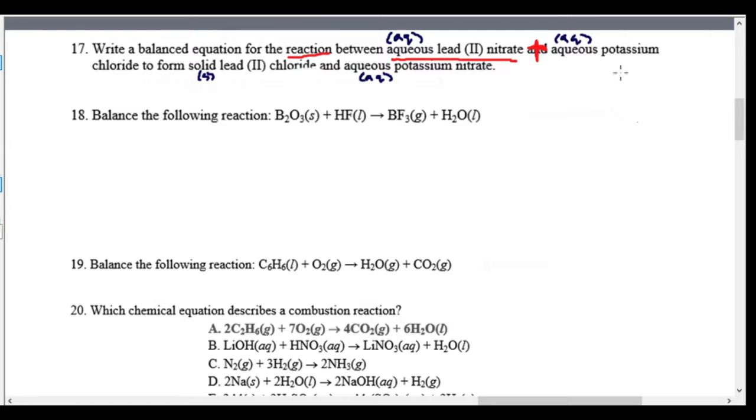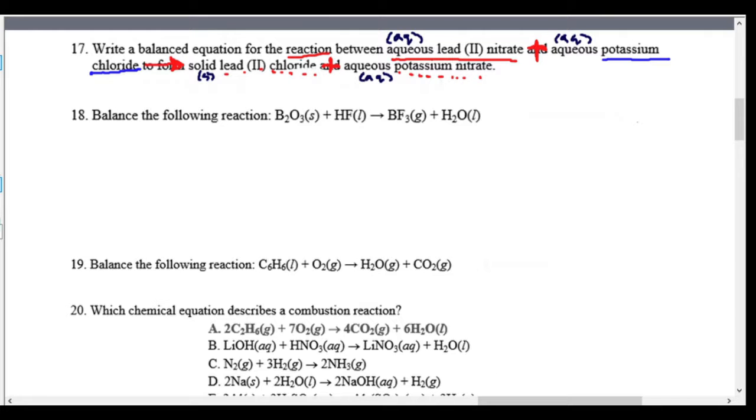Compound number 2 would be this guy right here. And then to form, that's going to be our arrow. And then, again, this is going to be another compound right here, lead 2 chloride, and another plus sign, and then another compound here, potassium nitrate.